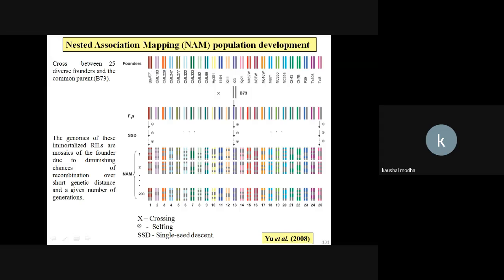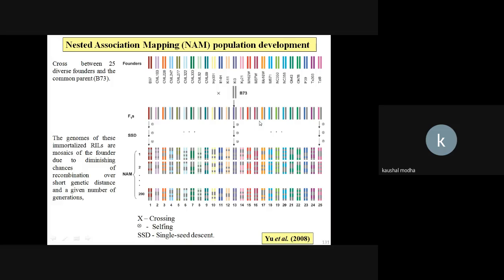For simplicity, only one homologous pair of each founder line is shown here. When we produce the F1 of any two parents, it will receive one homologous chromosome from parent 1 and another, the gray chromosome, from the common parent. So all these F1s have a common chromosome from the common parent, the gray one.